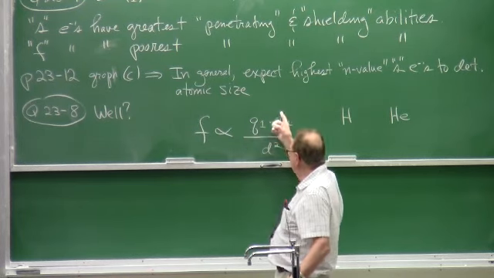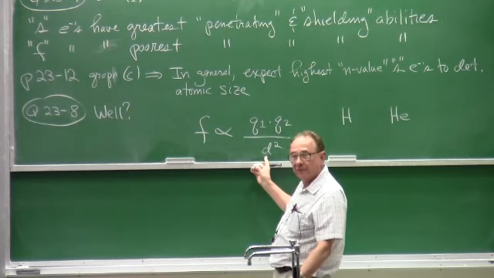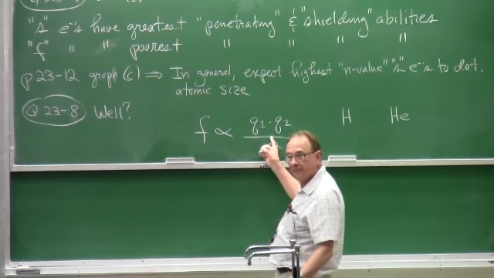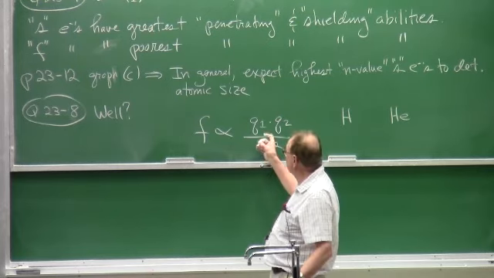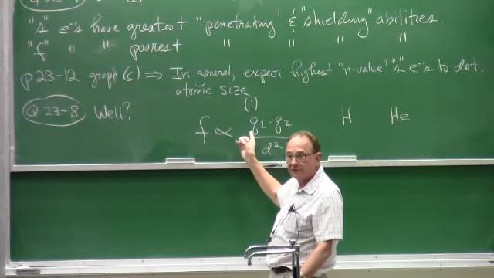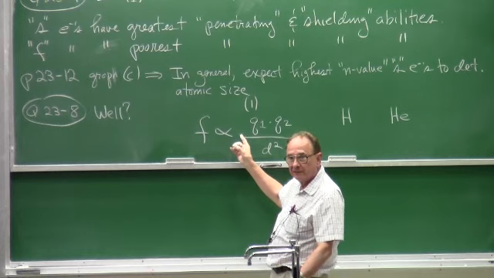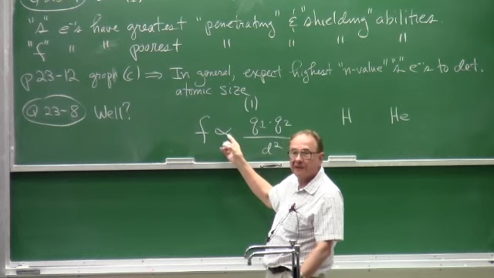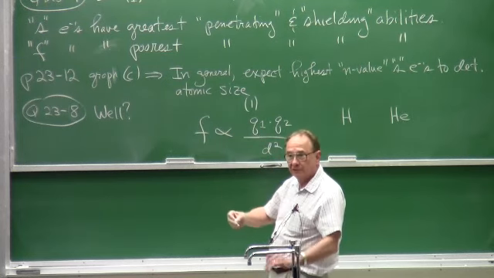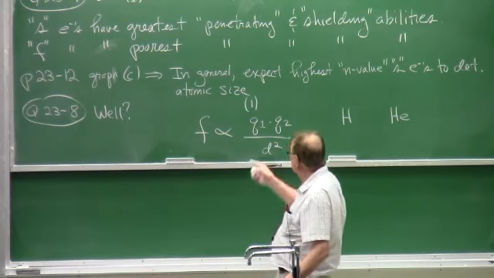Hydrogen: 1 times 1 divided by the hydrogen radius squared. Helium: an electron's got a charge of 1. We're not going to pay attention to signs. For protons and electrons, it's a positive force. For electrons and electrons, it's a negative force, repulsion. That's what the signs mean.